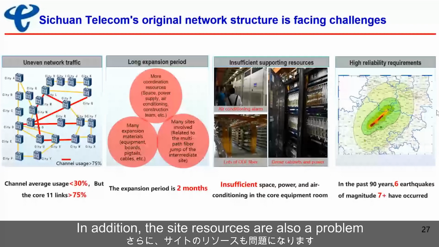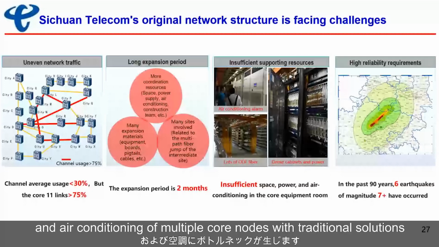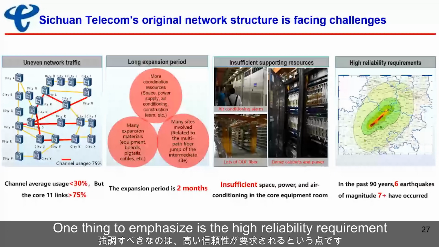In addition, the site resources are also a problem. There are bottlenecks in space, power supply, and air conditioning of multiple core nodes with traditional solutions. One thing to emphasize is high reliability requirements.